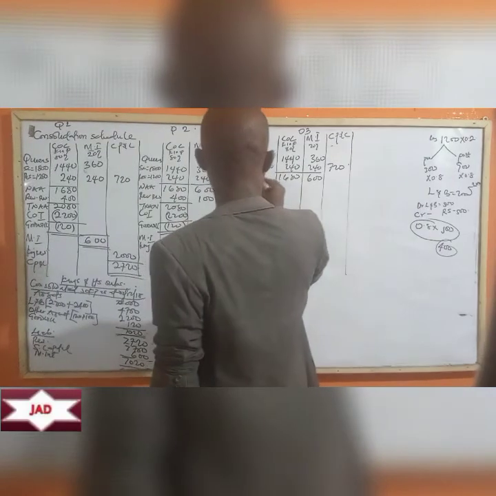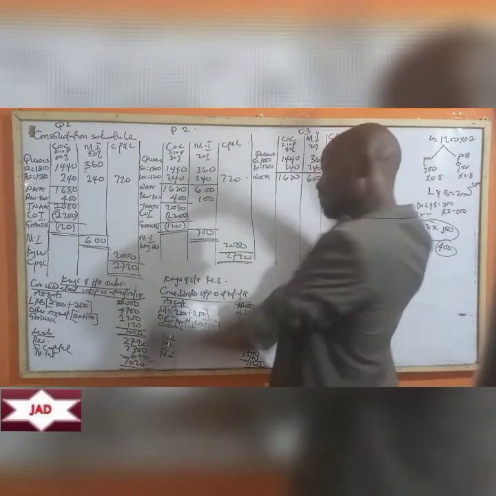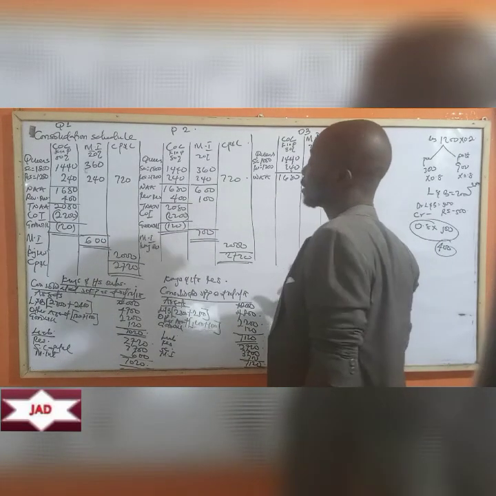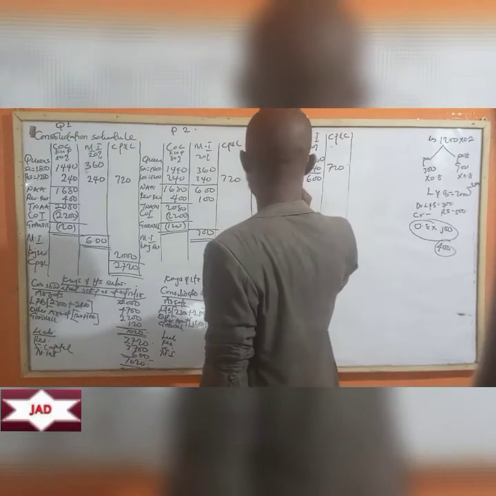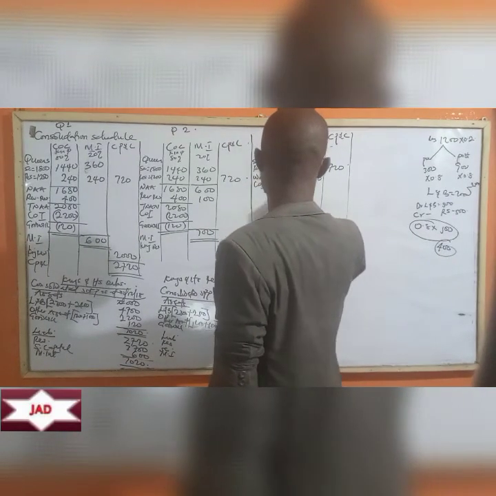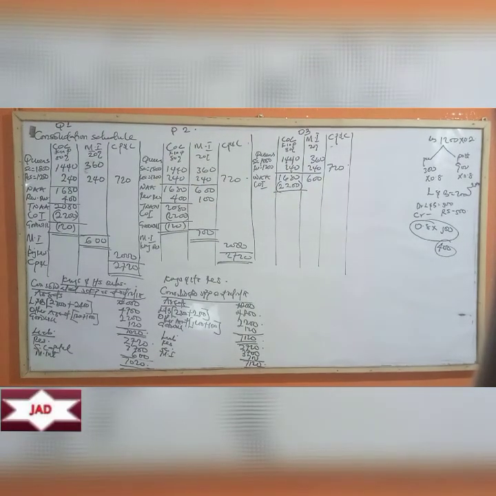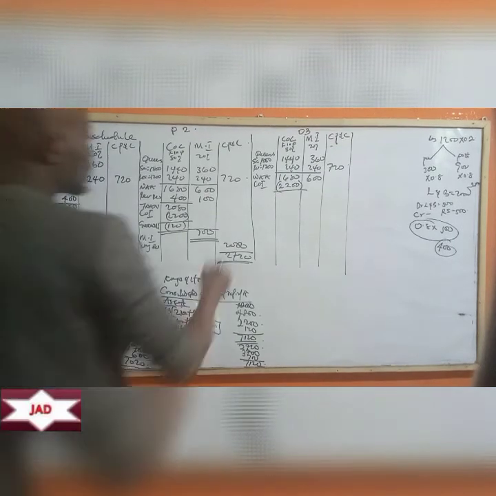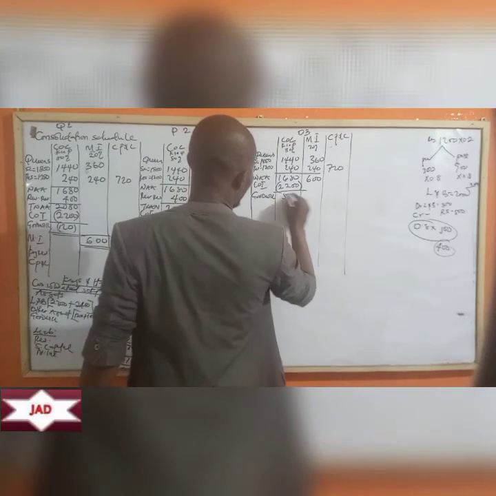This is your net asset acquired. Now, remember, it is happening after. So that means it is post. So cost of investment now will be 2,200 against 1,680. So what do you have? 520. So goodwill is 520.